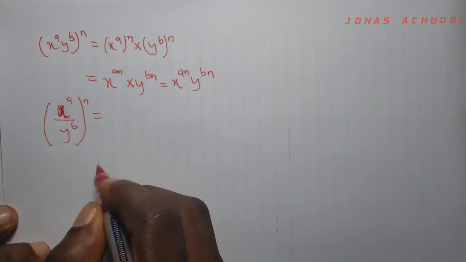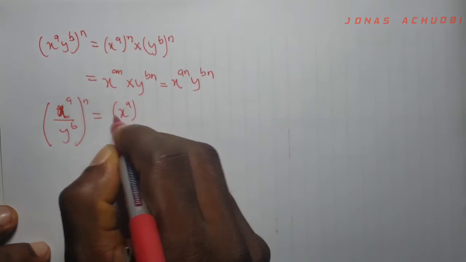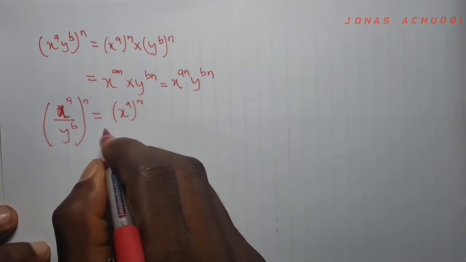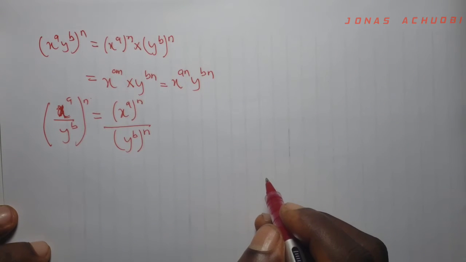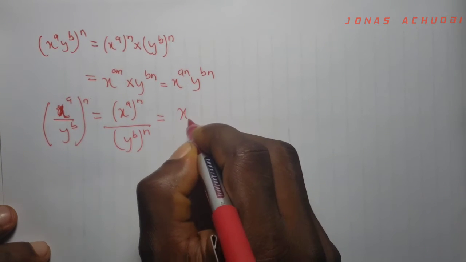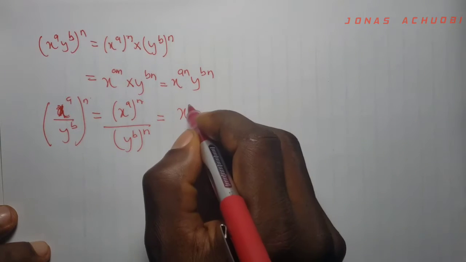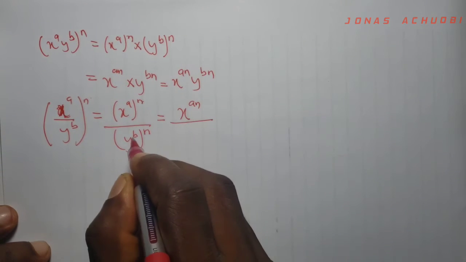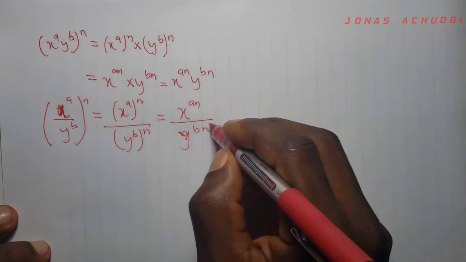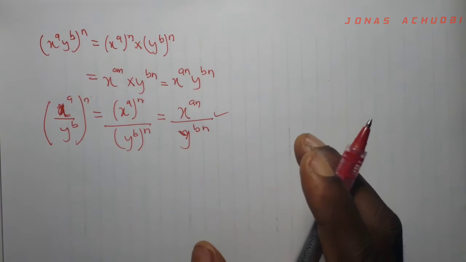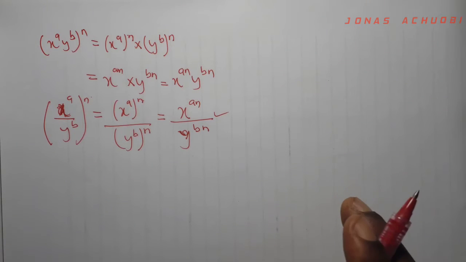We can still split this into x raised to power a, and the power outside will follow, divided by y raised to power b, and the power outside will also follow. So this will give us x raised to power an, divided by y raised to power what? bn. So we've applied the same power law in both cases.